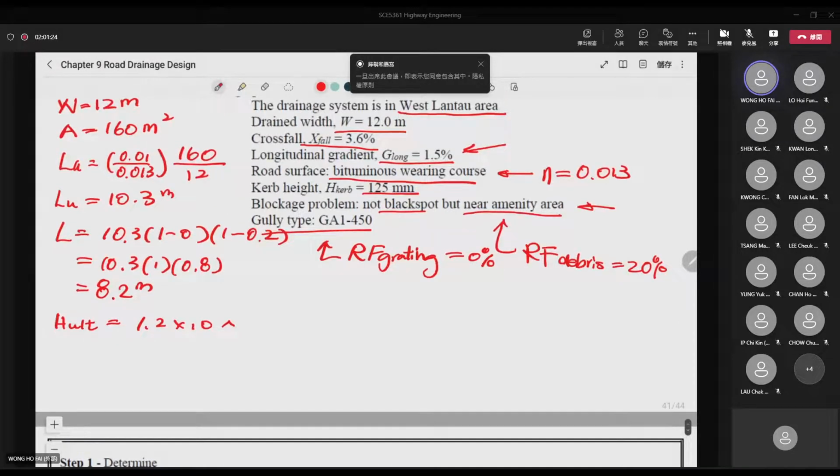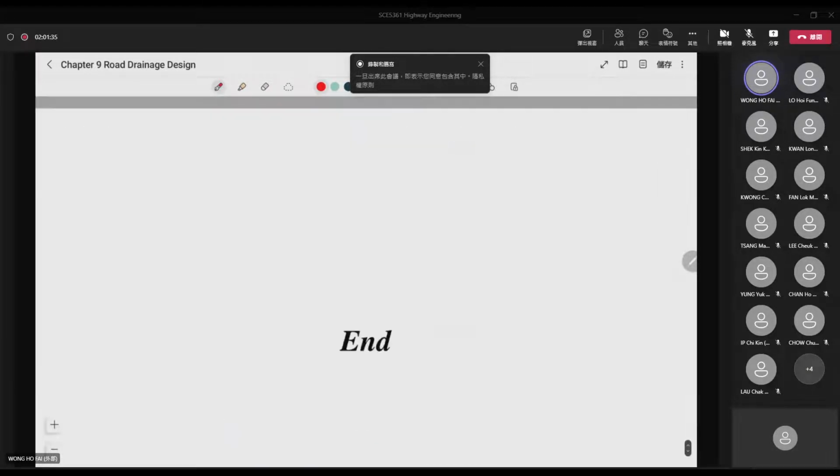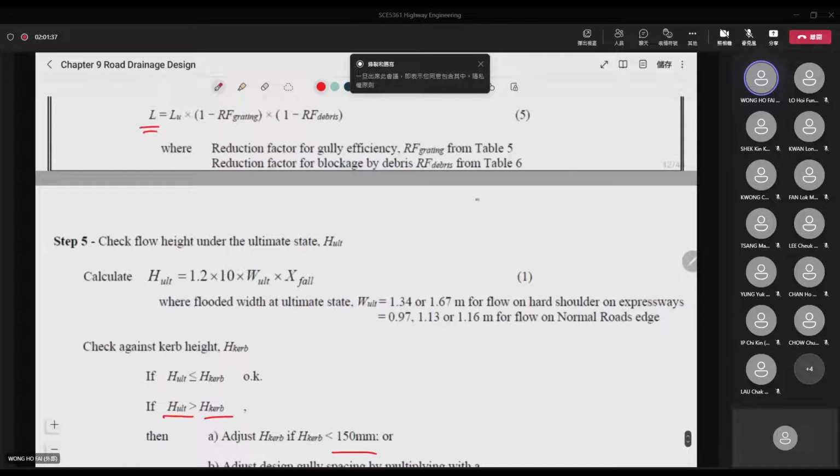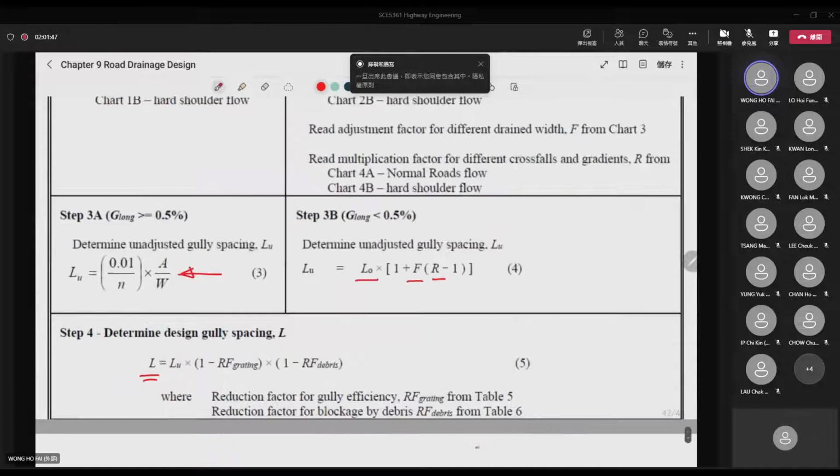Cos 4 is 3.6%. And then times x4. X4 is still 3.6%, and then ultimate.